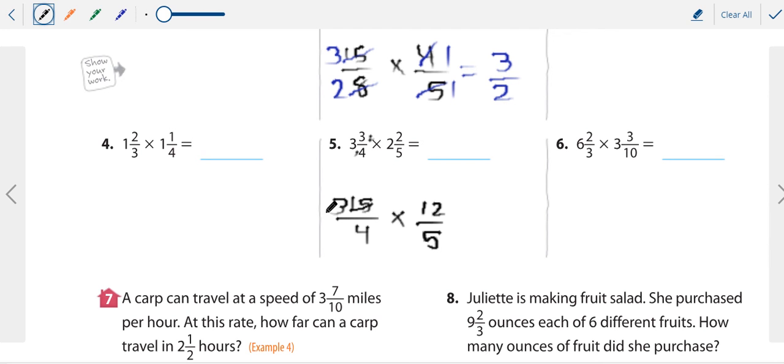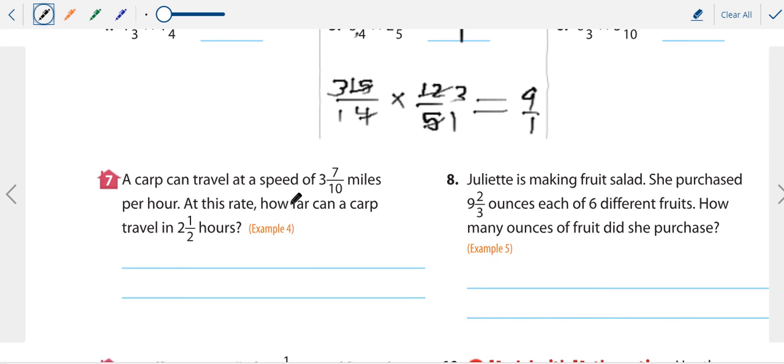This becomes 3. This becomes 1. This becomes 3. This becomes 1, which gives me 9 over 1. And once again, the book trumps me, and the answer is 9. So if you're watching this this weekend, come in Monday morning, tell me you saw this, and I will give you a Jolly Rancher.